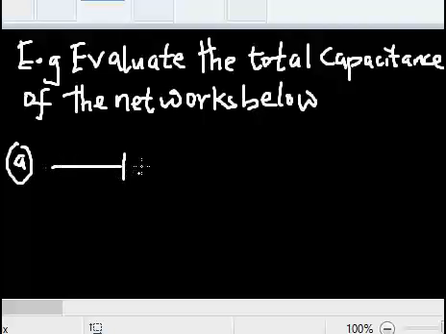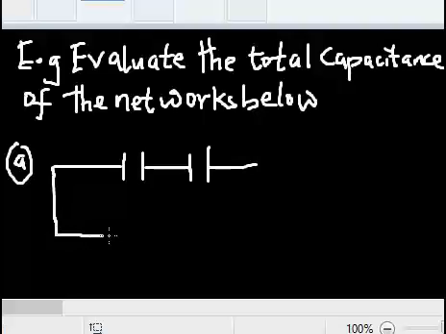Okay, so now let's look at some examples. Let's say I've been given this. Sometimes you might be given a complex network that involves both series and parallel at the same time.